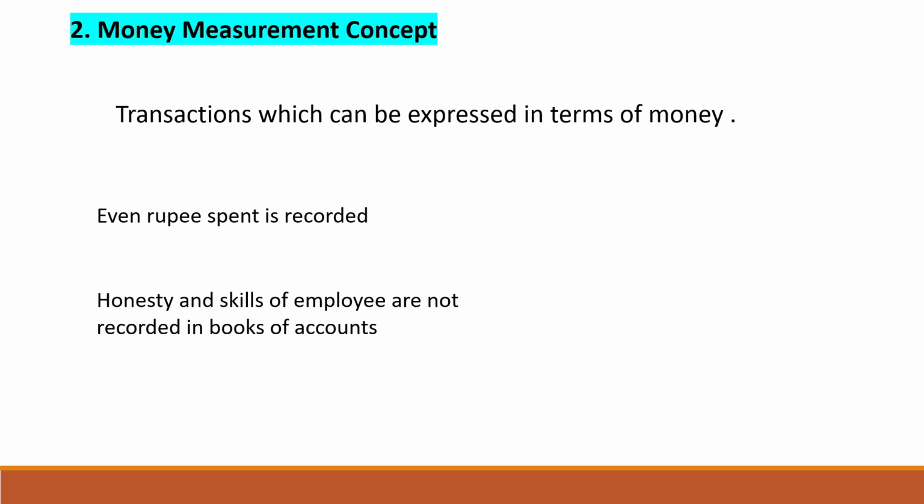But as per the money measurement concept, the honesty and skill of employees are not recorded in the books of account because we cannot calculate the monetary value exactly. Okay, so as per this concept, only those transactions which can be expressed in terms of money are recorded in the books of account, right?